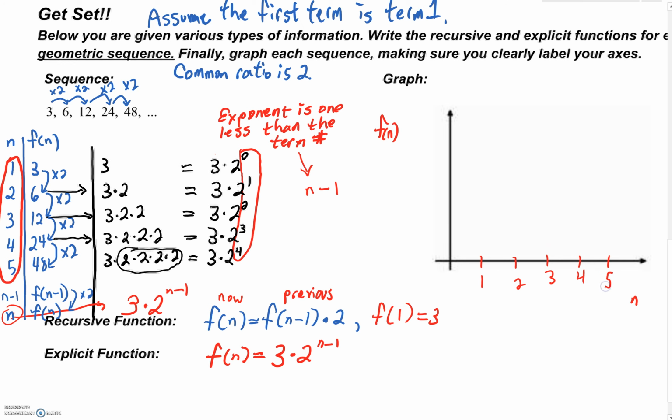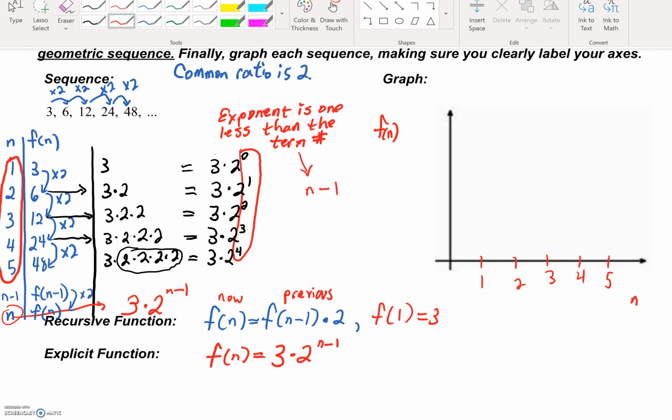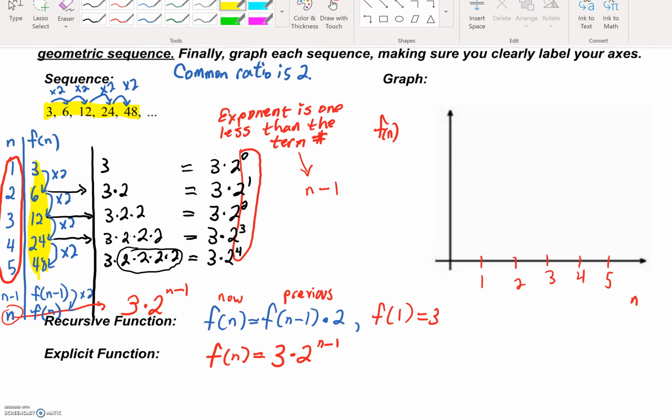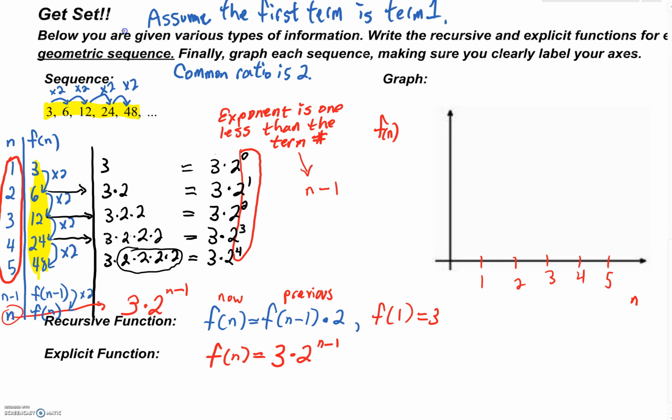We don't have grid lines for you. But look at the outputs. Look at these f of n's here. And as we're just paying attention to these numbers right here, we're going to notice that we are seeing multiples of 6. We very well might use that to our advantage as we're trying to make a scale. So perhaps that could be helpful.